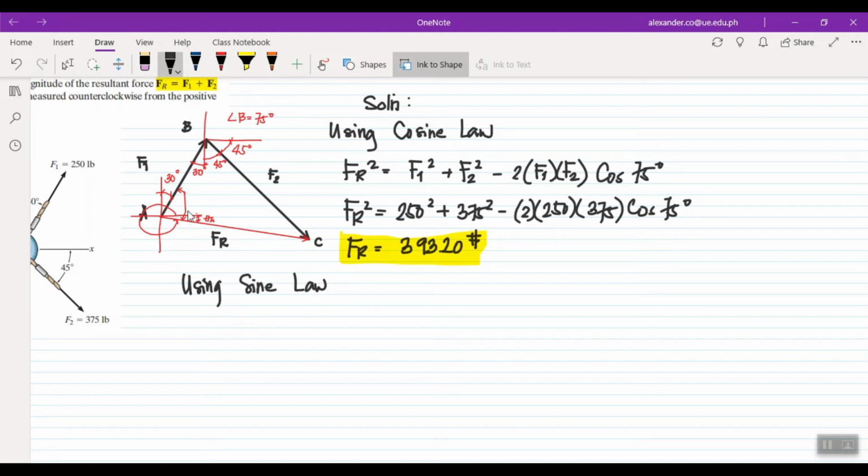Ilan yung length ng angle sa F2? Bali, F2 will be F sub 2 over sine A. Tapos, ano yung pwede nating i-partner? Ito, yung angle B. So, FR. Ano yung FR? FR over sine B. Tama? So, F2 is given 375 divided by sine A. A ang hinahanap. FR, ilan yung FR?